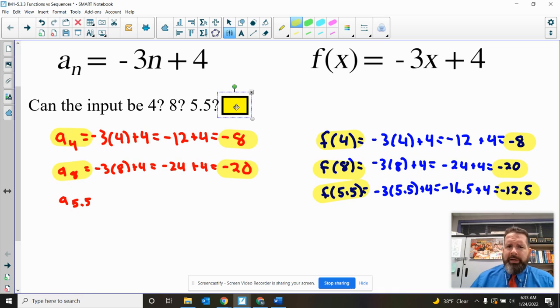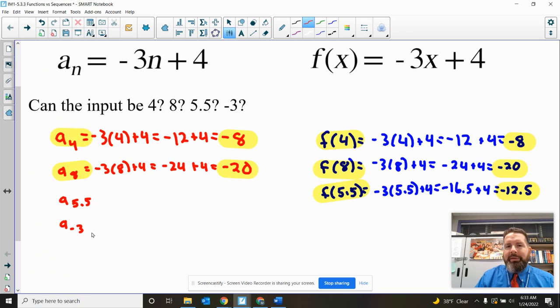Let's take a look at one more here. Can we put a -3 in as the input? Okay. Let's check over here on the sequence. A -3. We've got to think if this makes any sense. The -3rd term in the list.